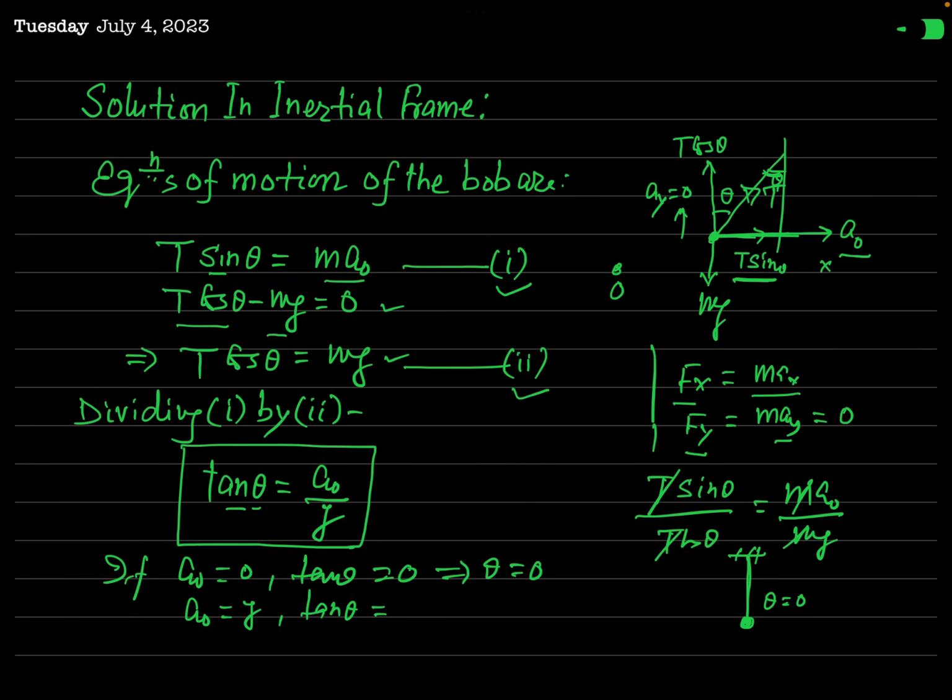A naught equal to g, this tan theta will be 1, and so theta will be then 45 degree. So when the car will accelerate with an acceleration equal to acceleration due to gravity g, then the deviation will be 45 degree. At a 45 degree angle, the bob will remain in equilibrium. Okay. So this was the solution of this problem in an inertial frame.